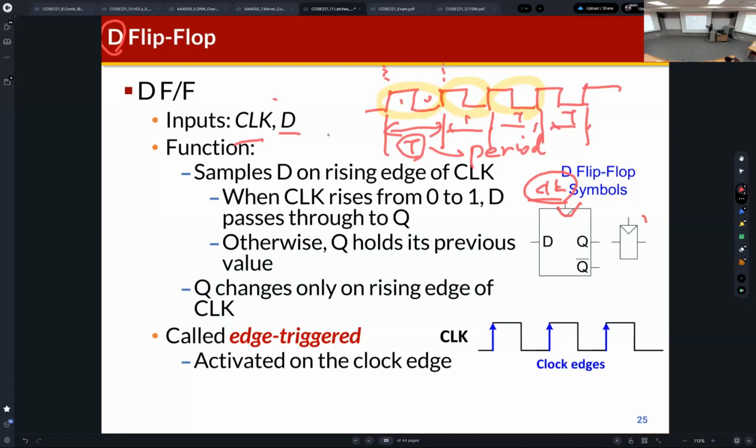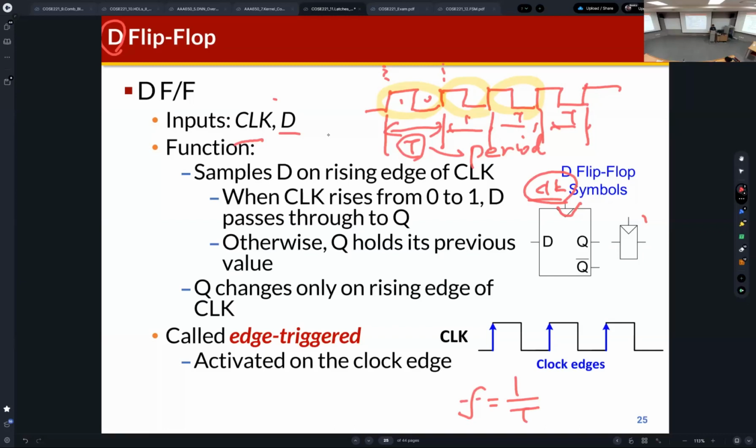The same period. Then what is the clock frequency? The frequency is the inverse of the period, so F is equal to 1 over T. If you look at the specification of the processor in your smartphone, you can find the clock frequency.